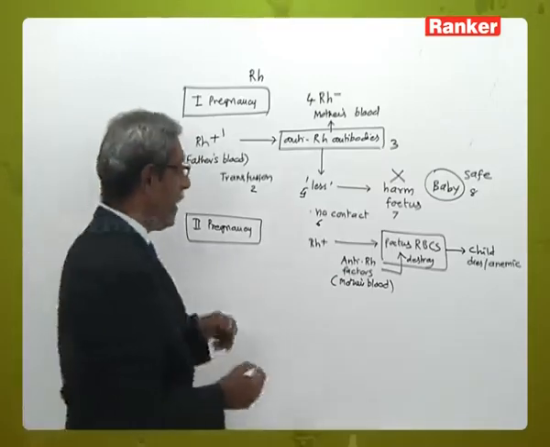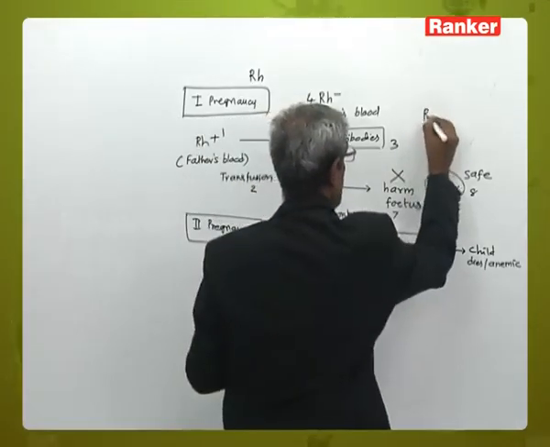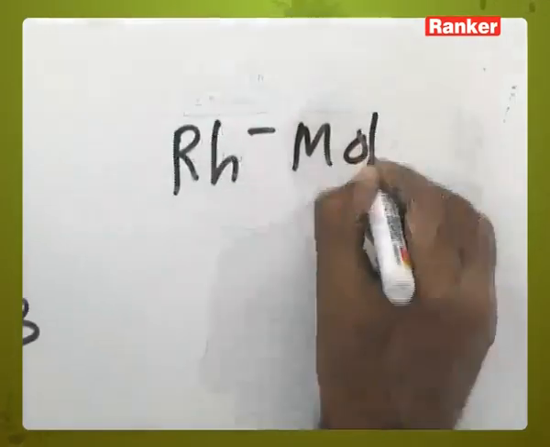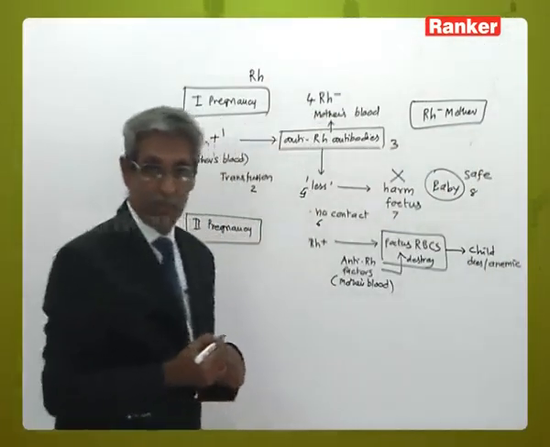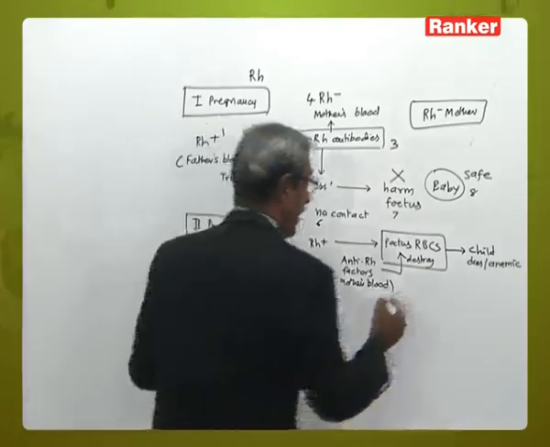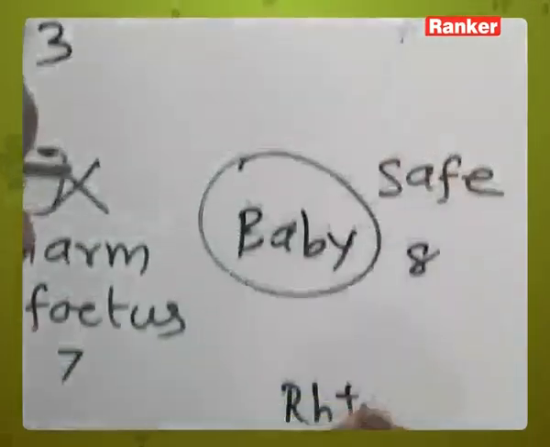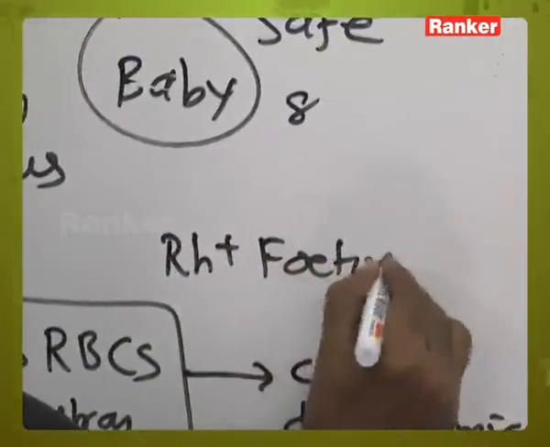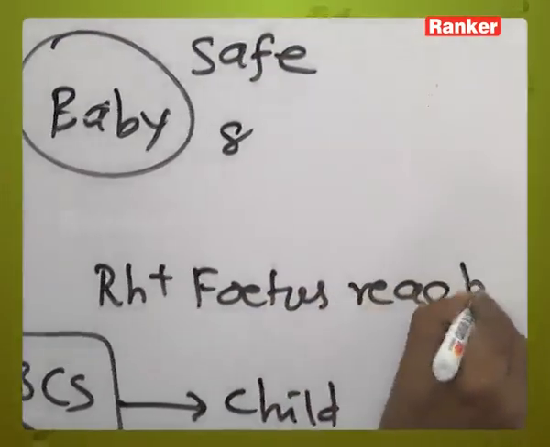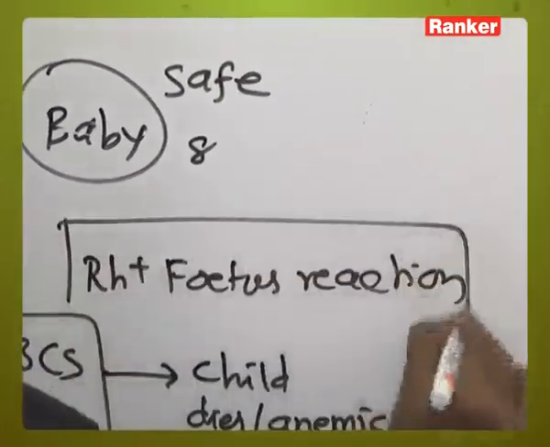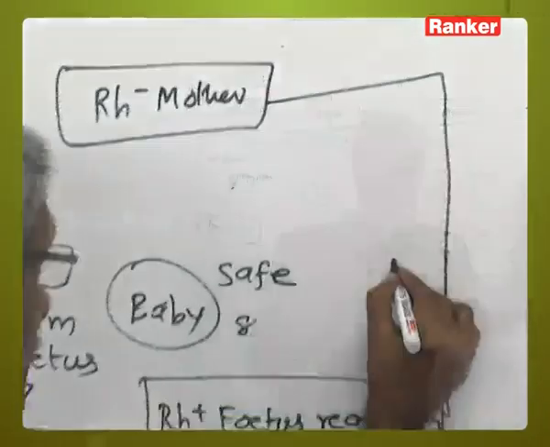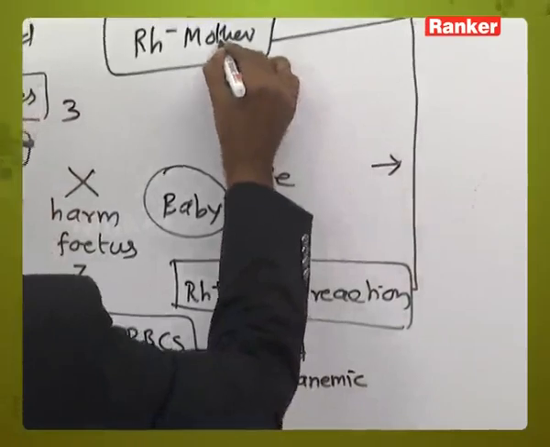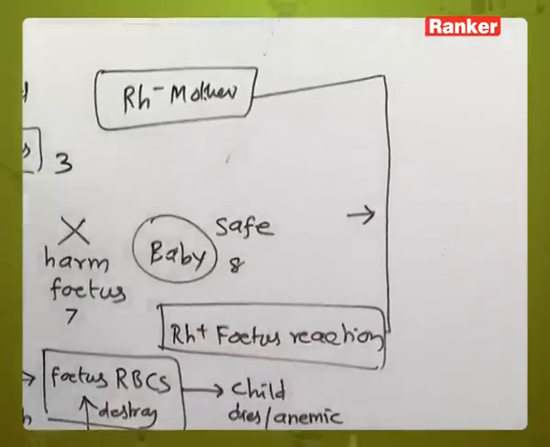So, here we have an Rh minus mother, and we have an Rh plus fetus. Primarily during the second pregnancy, the reaction is between the Rh minus mother and the Rh plus fetus.